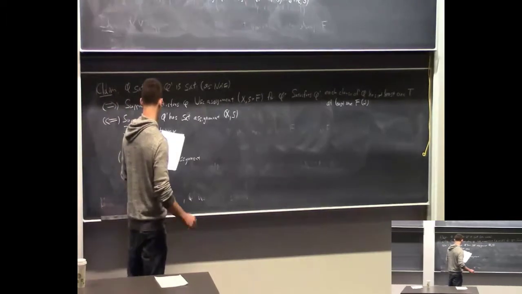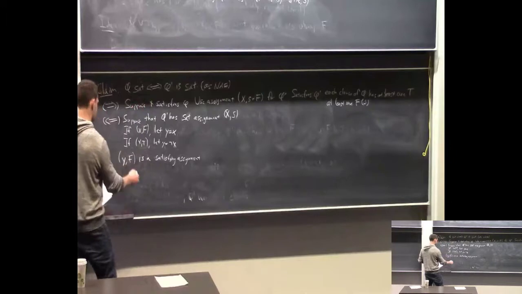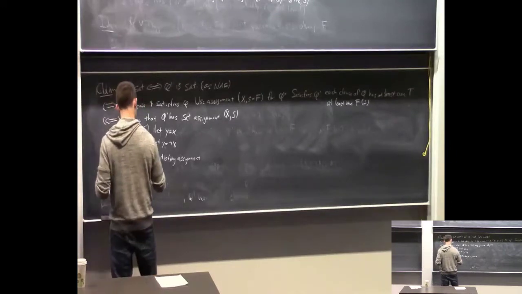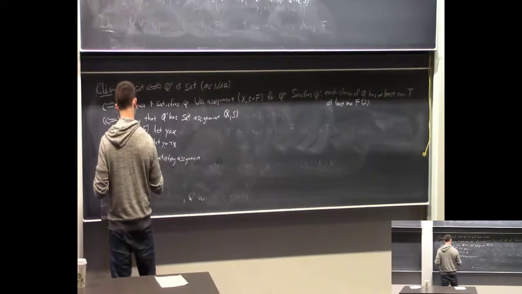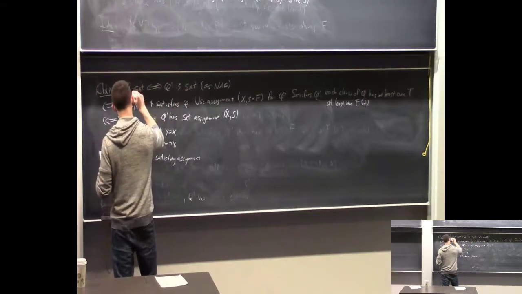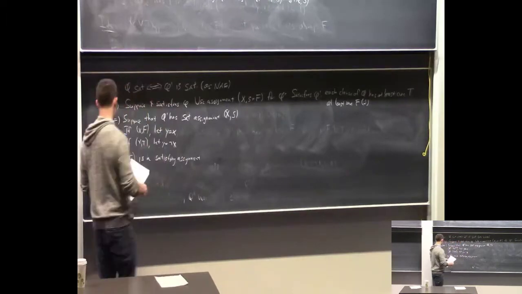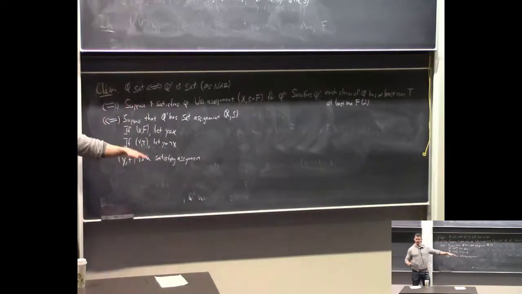Good. So that means that this is y and f. What that means is, I want to show you why phi is satisfiable. Okay, we know that yf is a satisfying assignment in the NAE-SAT way.